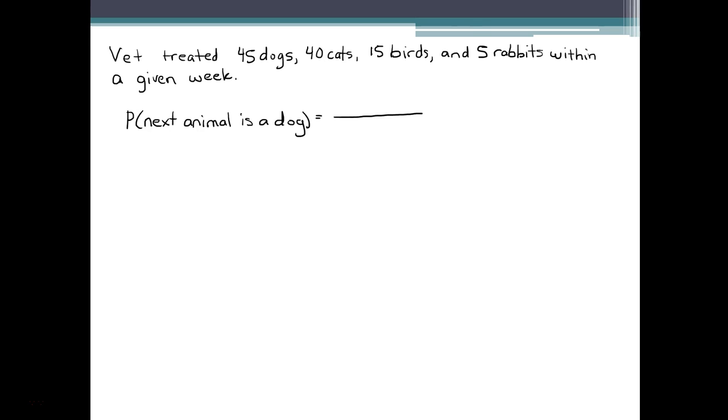All right, so empirical probability the next animal is a dog. Well, you have 45 dogs that had come in during the time period over how many animals? Let's see, 45 and 5 is 50, plus 40 is 90, plus 15 is 105. So the empirical probability that the next animal is a dog is 45 over 105. But make sure you reduce the fraction.